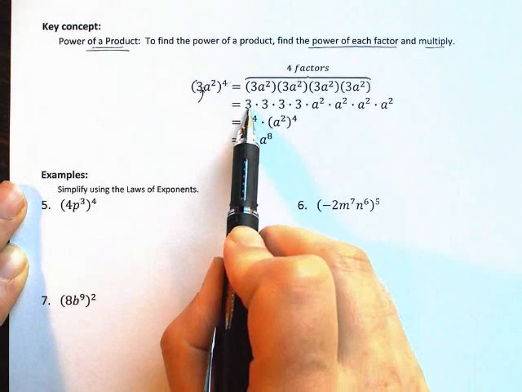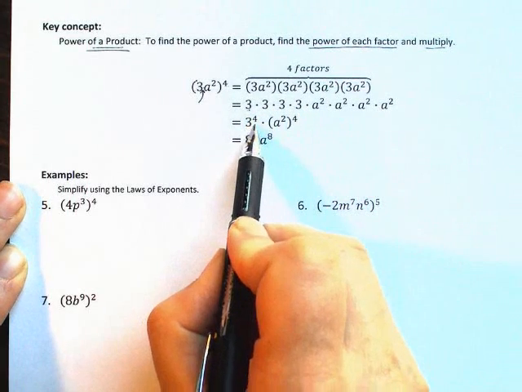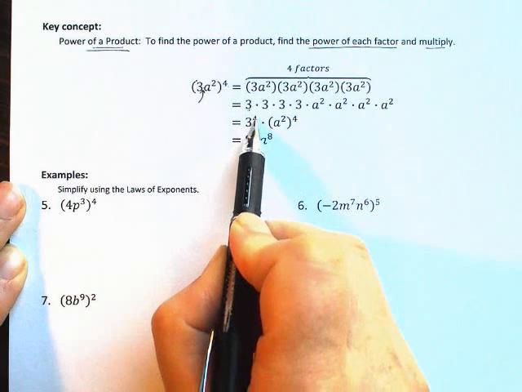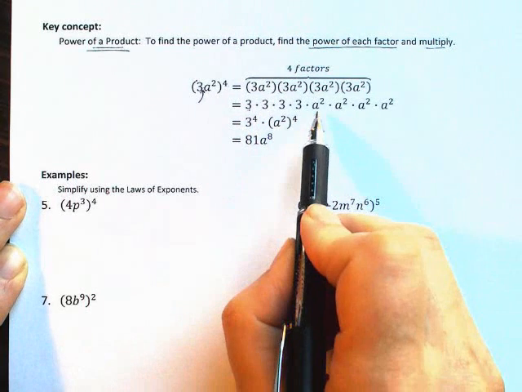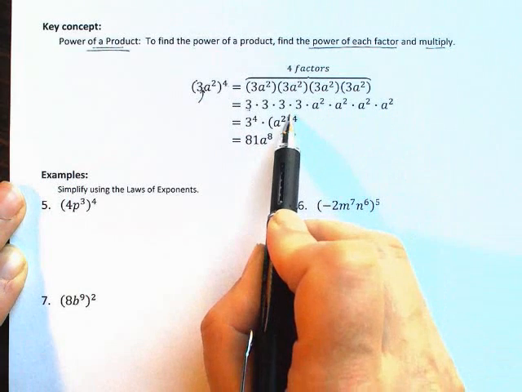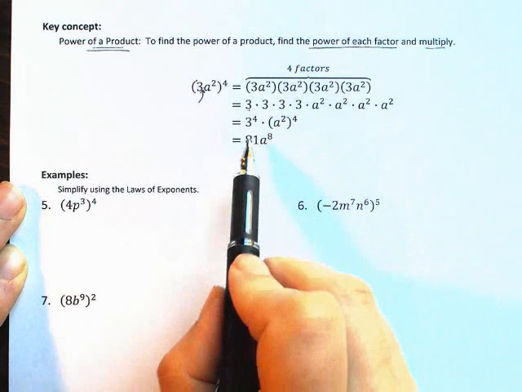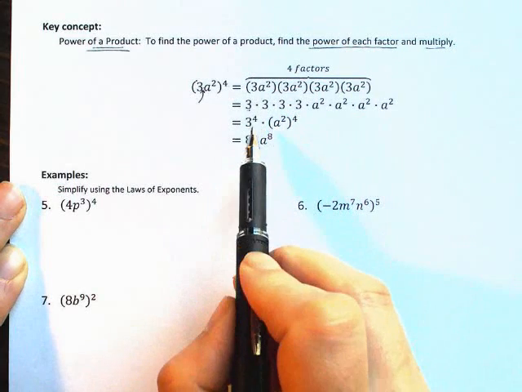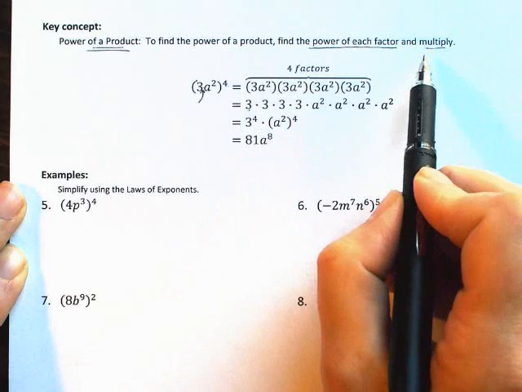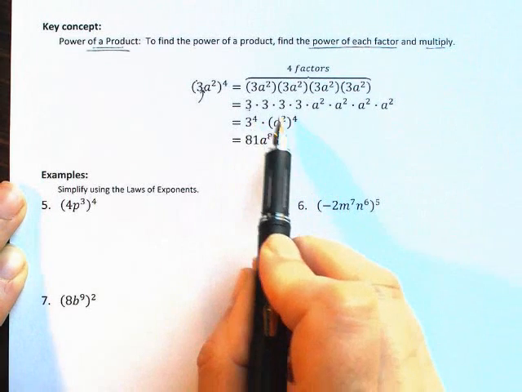Okay. So I notice there are 4 3's, and that can be shown like this, 3 to the 4th power. And I see that there are 4 a squareds. That can be shown like this. And then to finish simplifying, this part here in the rule where it says and multiply, that means actually find what the results are for these things.